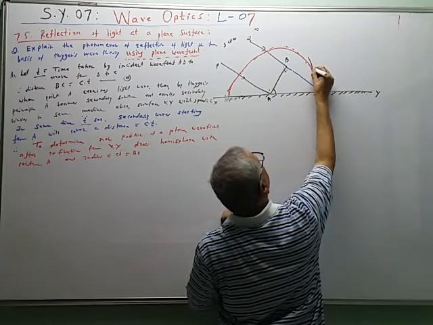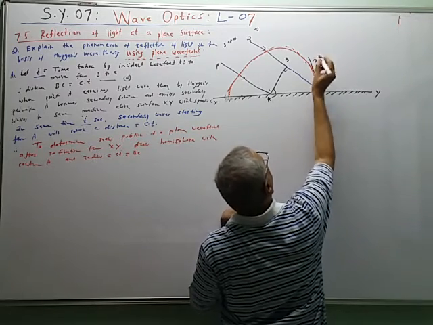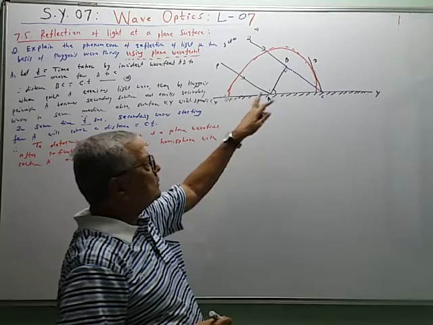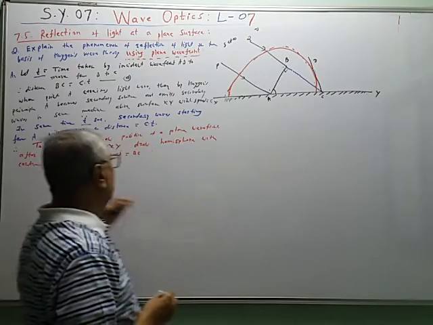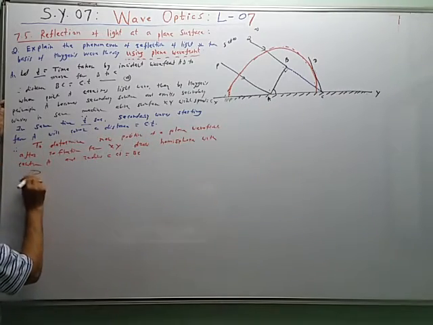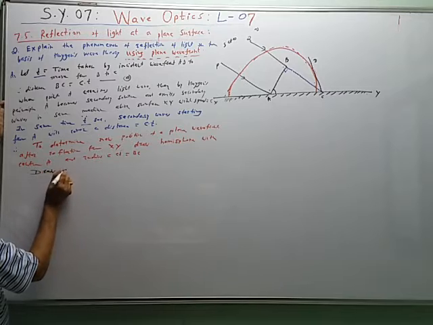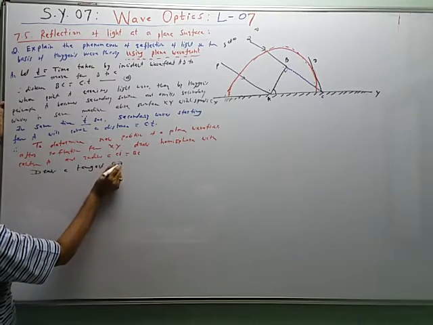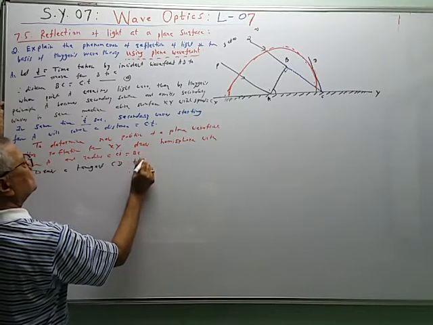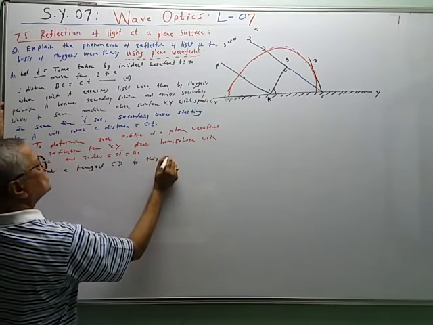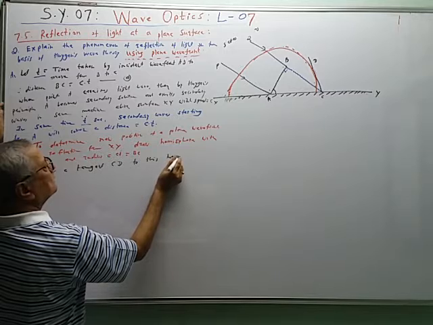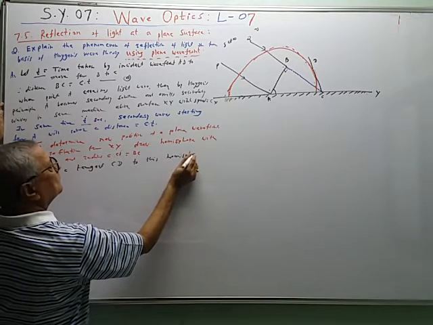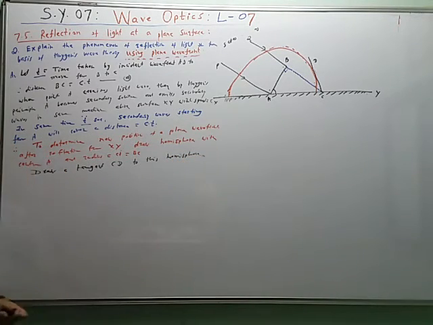The point of tangent is D. In the figure, AB and CD should come out equal. So the next procedure is this: draw a tangent CD to this hemisphere. Draw a tangent CD to this AB sphere.